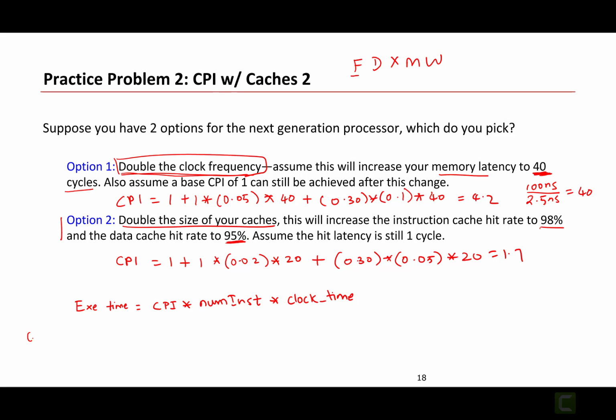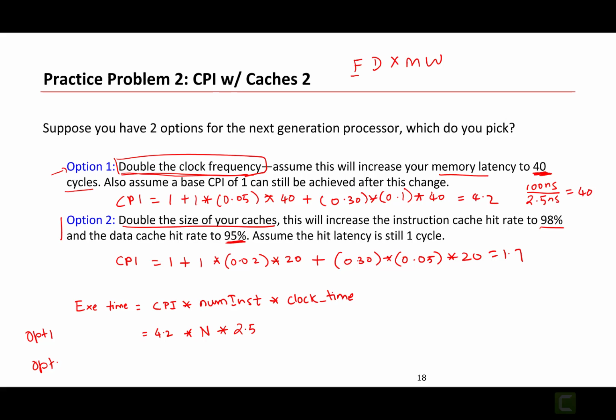Now let's see what that is for option 1. So for option 1, the CPI is computed as 4.2. We don't really know the number of instructions because we don't have any program to reason about this. So I'm just going to assume it's n, and the clock time, like we said, has actually gone down for option 1 because the whole point of option 1 is to double the clock frequency of the processor. So it went down to 2.5 nanoseconds.